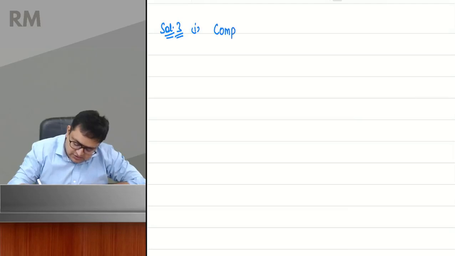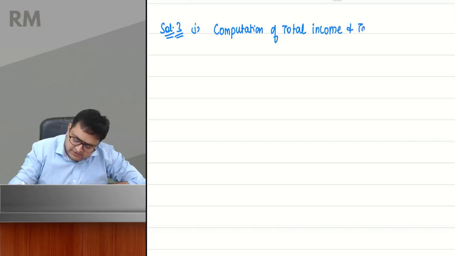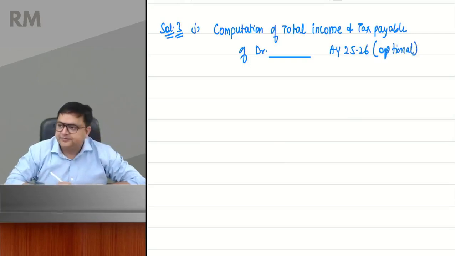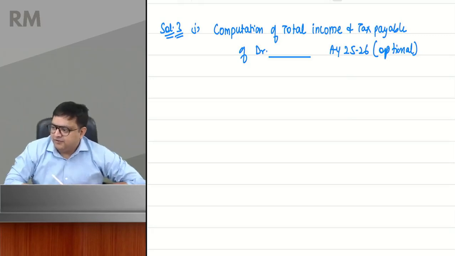Thank you, Aditya. Computation of total income and tax payable of doctor, assessment year 25/26, and they have asked us that we are following optional regime.